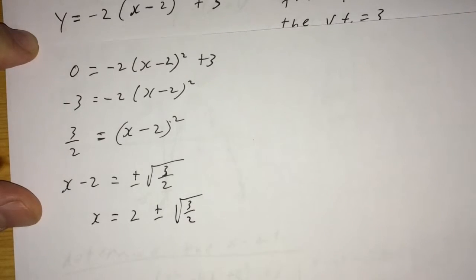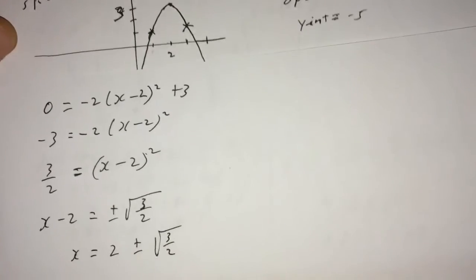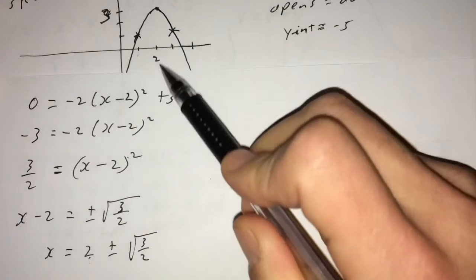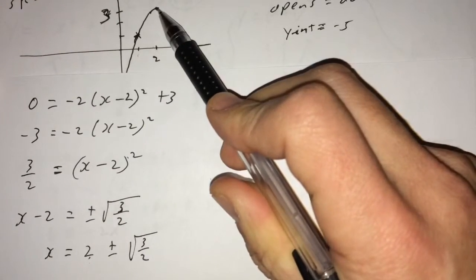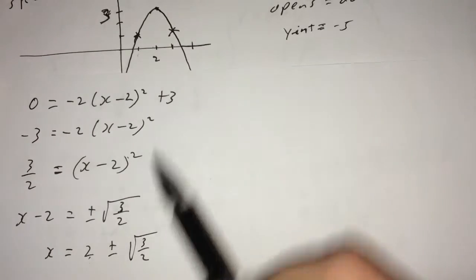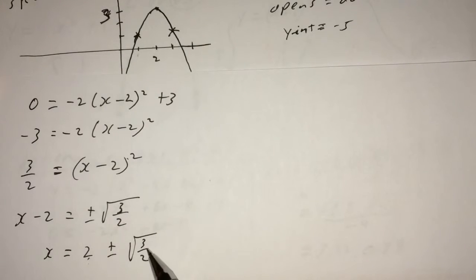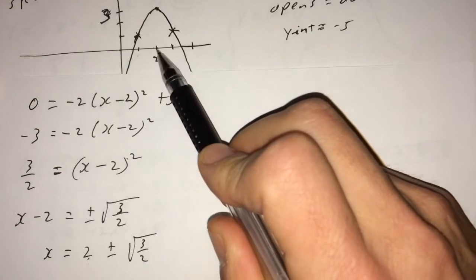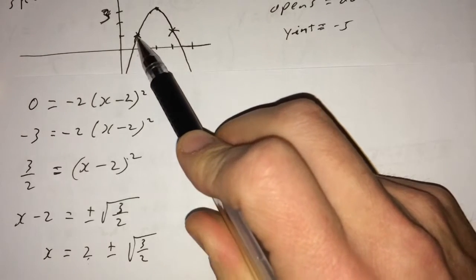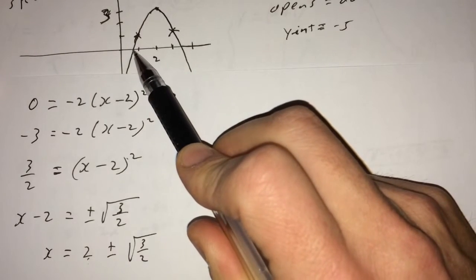Now looking at the graph here, 2 is that centering point, so it's right where the vertex is, the h value of the vertex, or the x-coordinate of the vertex. Now you add root 3 over 2, which is a little bit more than 1, to here, and you subtract root 3 over 2, and you get a value right there.